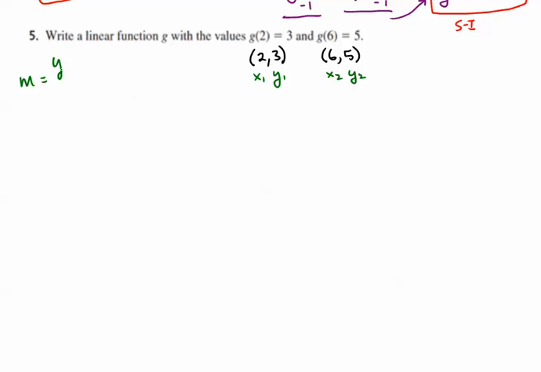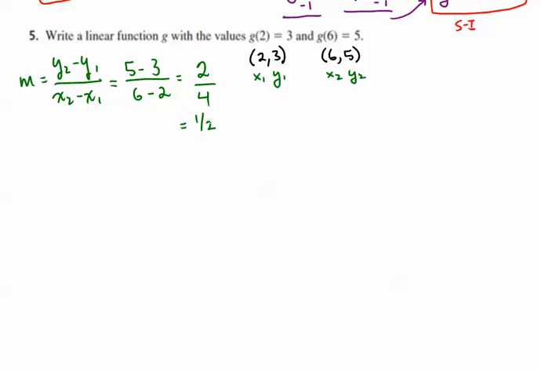M is equal to y2 minus y1 over x2 minus x1. y2 is 5 minus y1 is 3. x2 is 6 minus x1 is 2. 5 minus 3 is 2. 6 minus 2 is 4, and that simplifies down to a slope of 1/2.